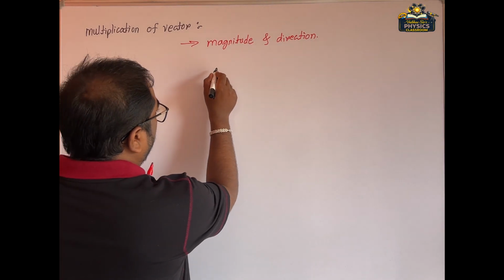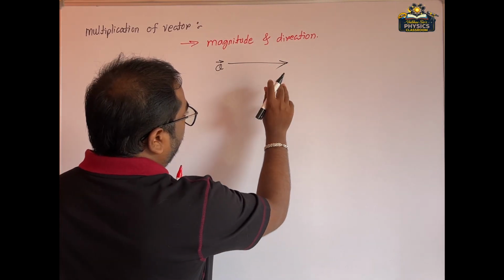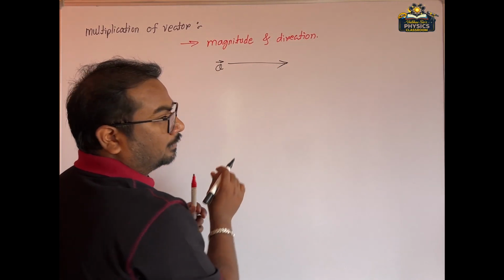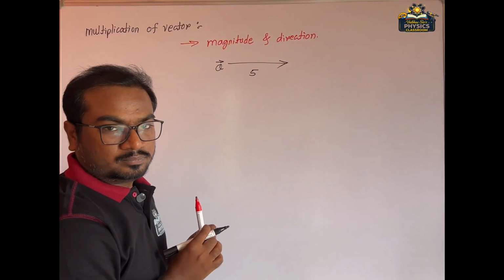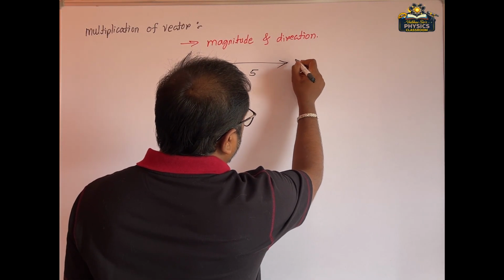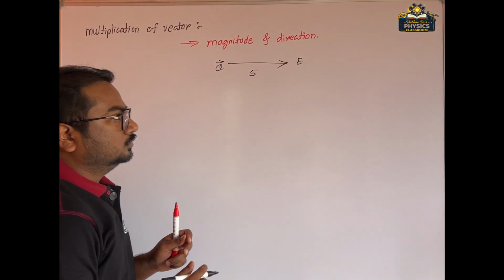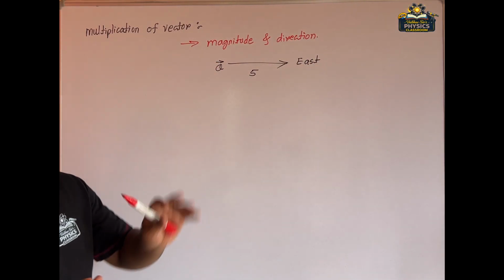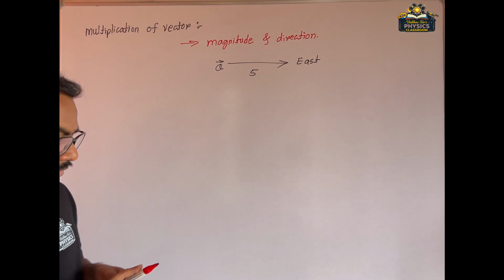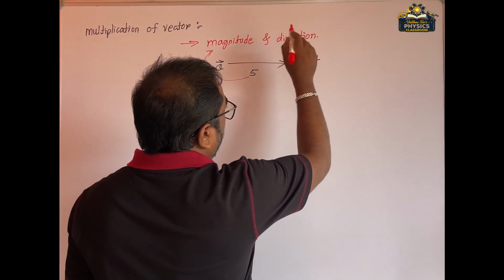If I take the vector a, it has some magnitude, say 5, and the direction is east. So this is the magnitude and this is the direction.